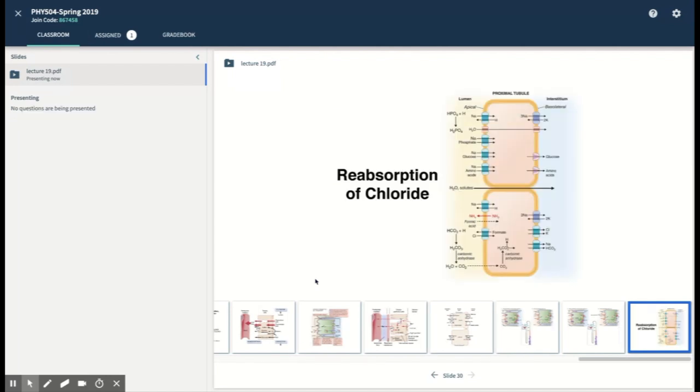All right, so chloride. This one, I want to say this one either came from a paper or it came from the Bird and Levy book. For chloride reabsorption, specifically in this figure, we're looking at the proximal tubule. Okay, so here's your interstitium, and here's your lumen.